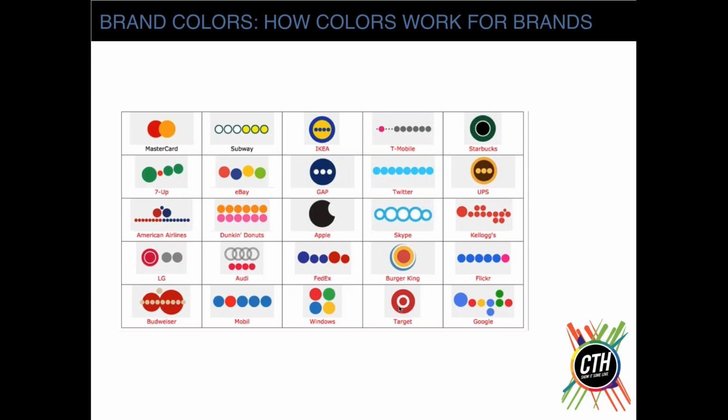All right. Yeah, you can see a lot of these. There's Target, Burger King, FedEx, Windows, Mobile, Subway, T-Mobile. You can see how the color really helps identify the brand. And that's really why we put this branding assignment into color theory, because it's such an integral part of branding, color. If you looked at your presentation template, looked ahead, you saw what's coming up a little bit.